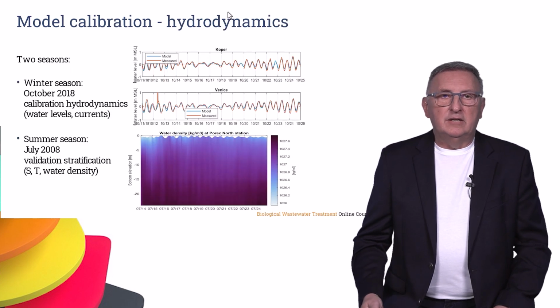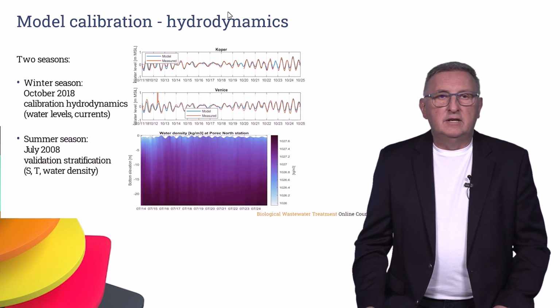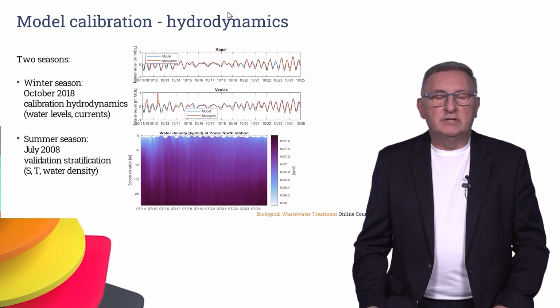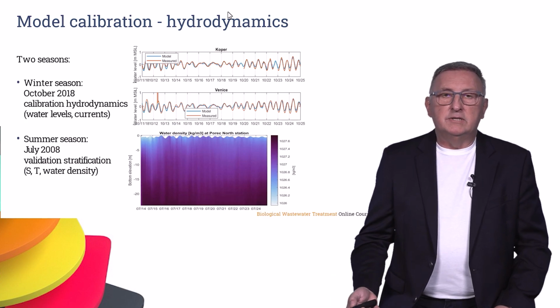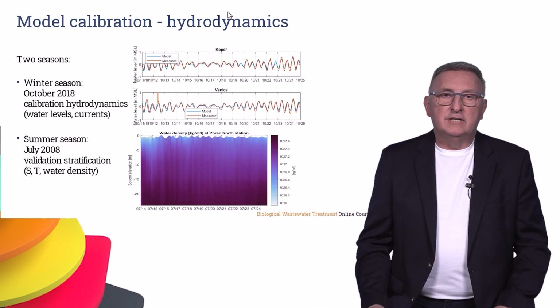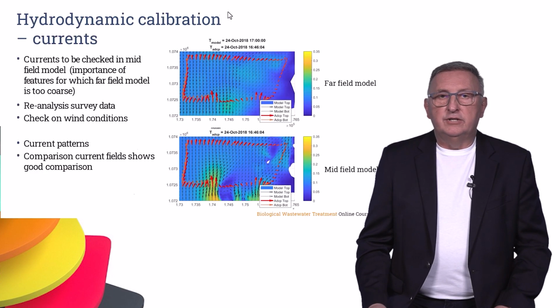The model has been calibrated. The hydrodynamics was evaluated for 2 seasons, the winter season in October 2018 and the summer season in July 2008. These data we didn't have originally from our study. These data were collected from other studies in the region.